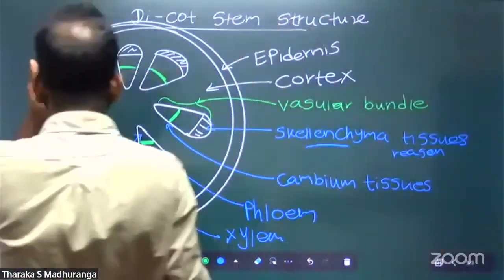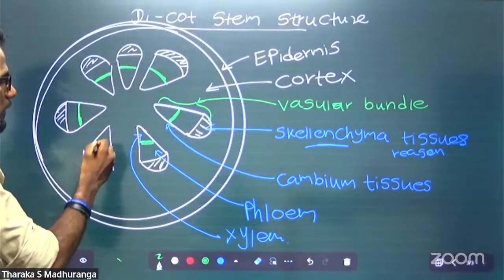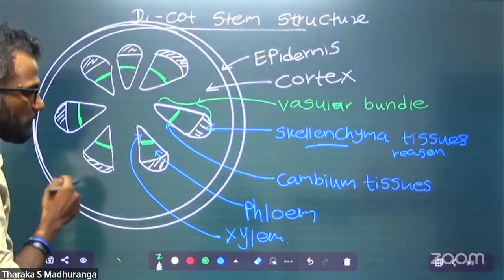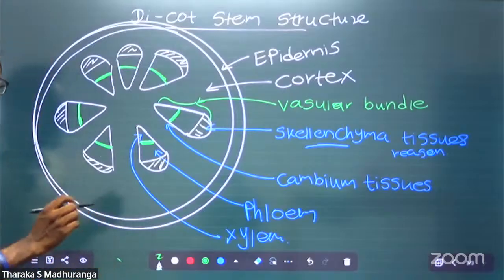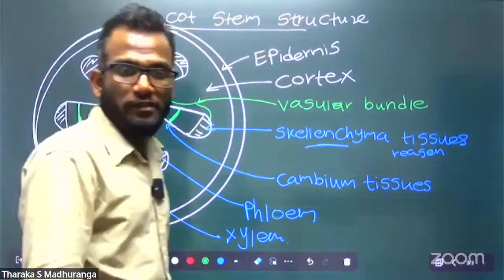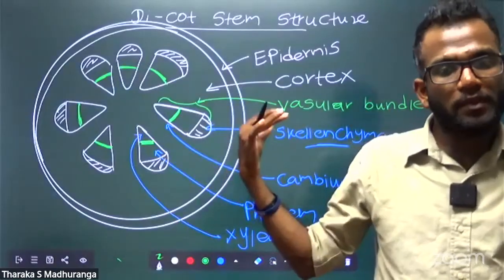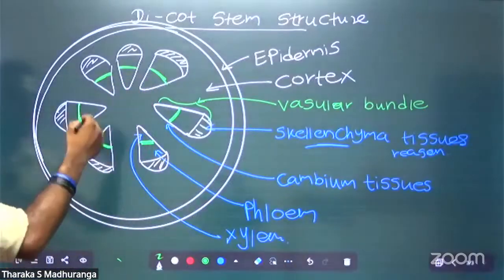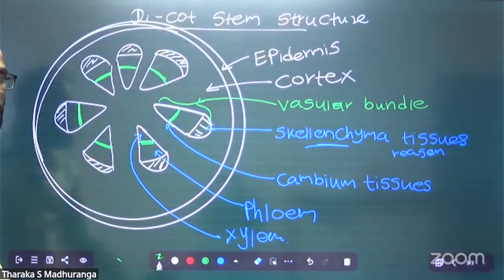Okay, then what happened? This cambium tissue inside the vascular bundle, the actual name is intrafascicular cambium, not meristem. Don't mix up meristem and cambium.